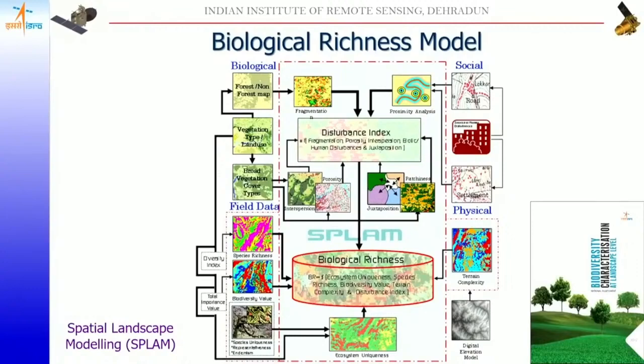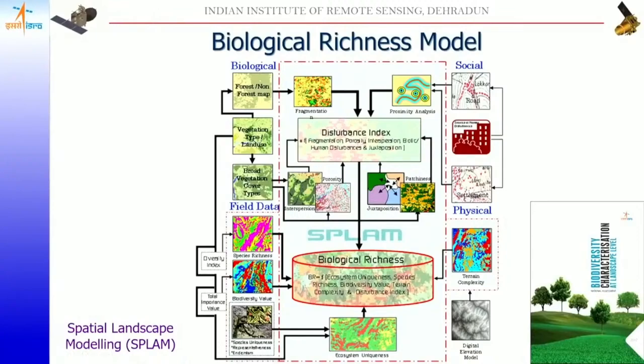So based on all these parameters, the disturbance index was derived, and to integrate the physical parameters and the terrain complexity, how the slope, aspect, and elevation are distributed over the area, and the ecosystem uniqueness based on the endemism and endemicity of the species and the unique value over the landscape, we derive the biological richness of a particular area.